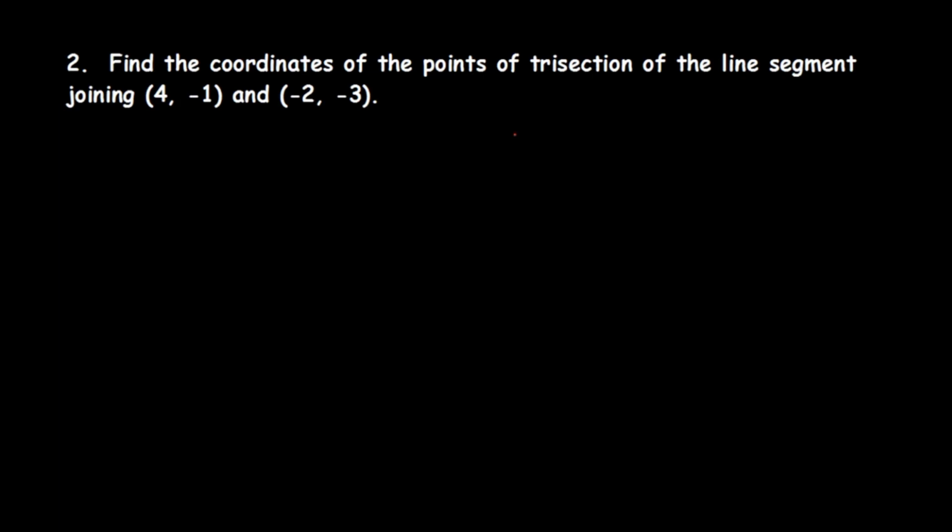Suppose you have a line, and the end points of the line are, for example, A (4, -1) and B (-2, -3). A trisection point means the line segment is divided into three equal parts.